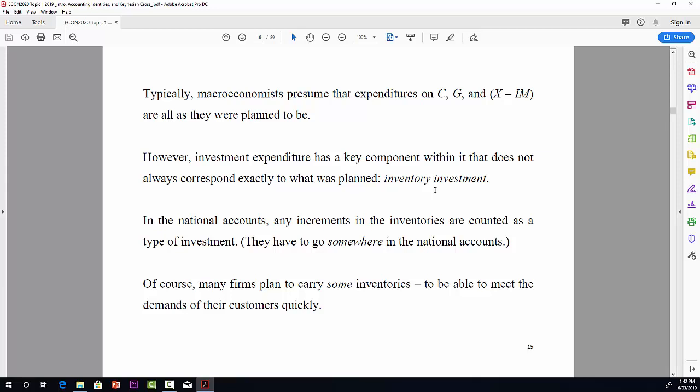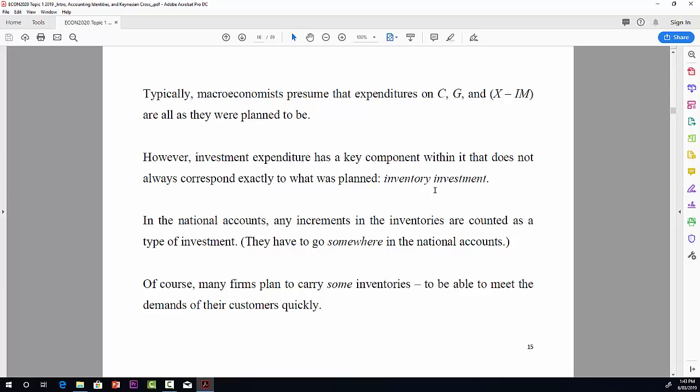So if a firm produces a bunch of shoes, let's say, and then puts them in a warehouse, stores them, that's inventory that's stored, and it's counted as investment. Now, of course, many firms plan to carry some inventories because it's good to have some inventories there, because you never really know.